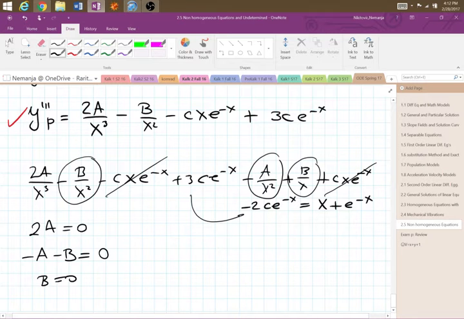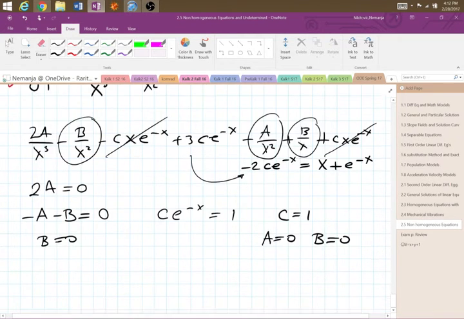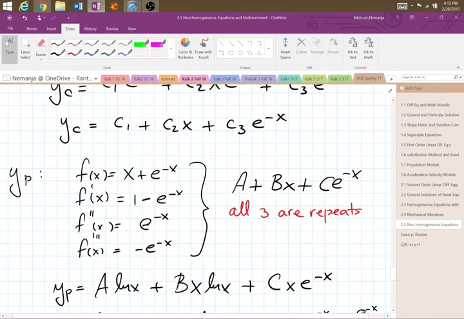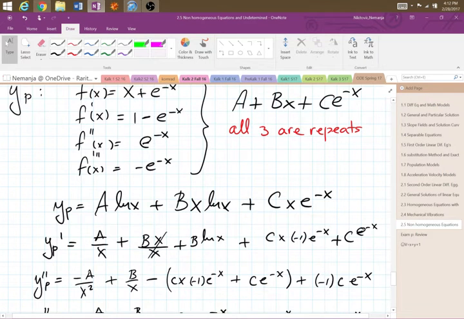And these two terms make a c e to the minus x, which is equal to 1. So c is equal to 1. So a equals 0, b equals 0, c equals 1. So both ln terms die, and I'm just left with x e to the minus x.